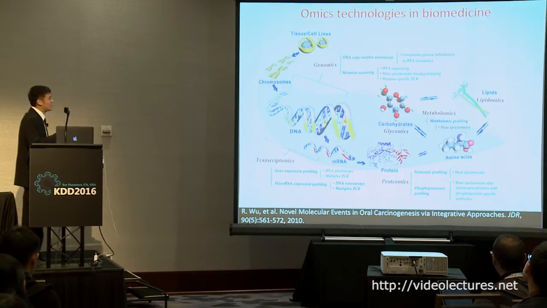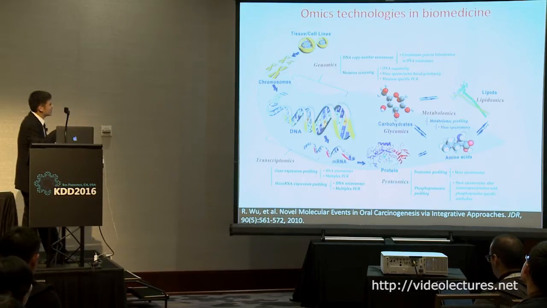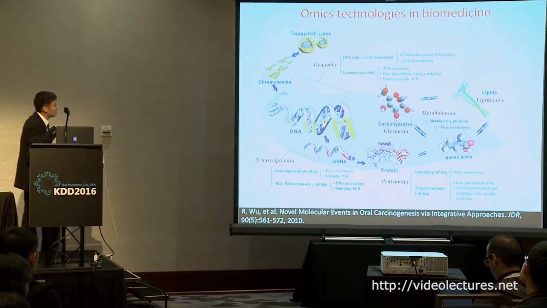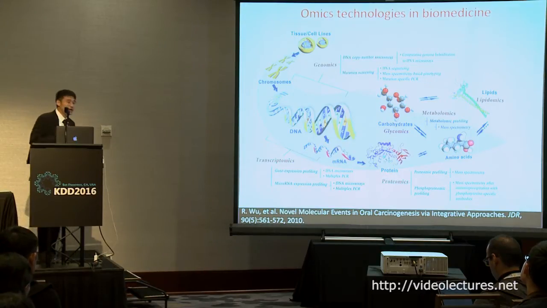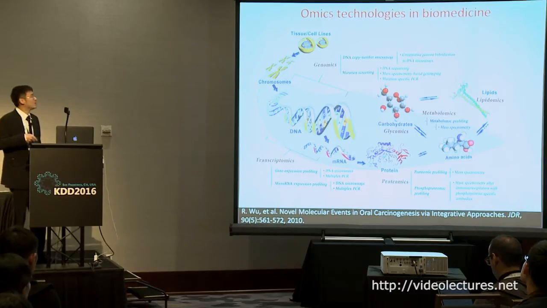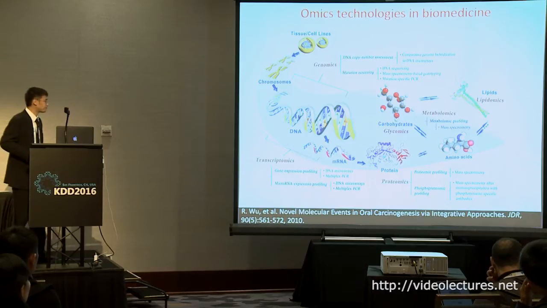For example, in genomics, we have DNA copy-number variation assessment and mutation sequencing, and from DNA to mRNA, there are a lot of measurements, like gene expression, microRNA expression, and also protein expression. In other words, in the biomedical domain, they have a lot of data, a lot of measurements.